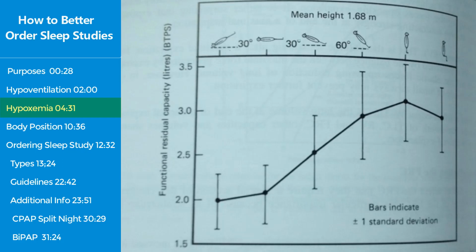There's really almost no change in the functional residual capacity. However, once the head of the bed is elevated by just a 30-degree angle, you'll notice that the FRC increases by 25%. It goes from 2 liters to 2.5 liters. And that's huge, right? And again, if you're talking about a child who's already compromised, elevating the head of the bed can increase the functional residual capacity and really improve the oxygenation.